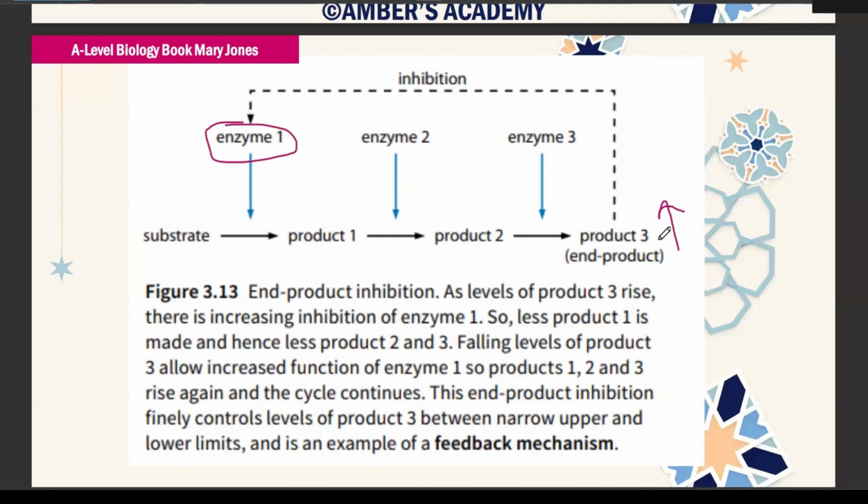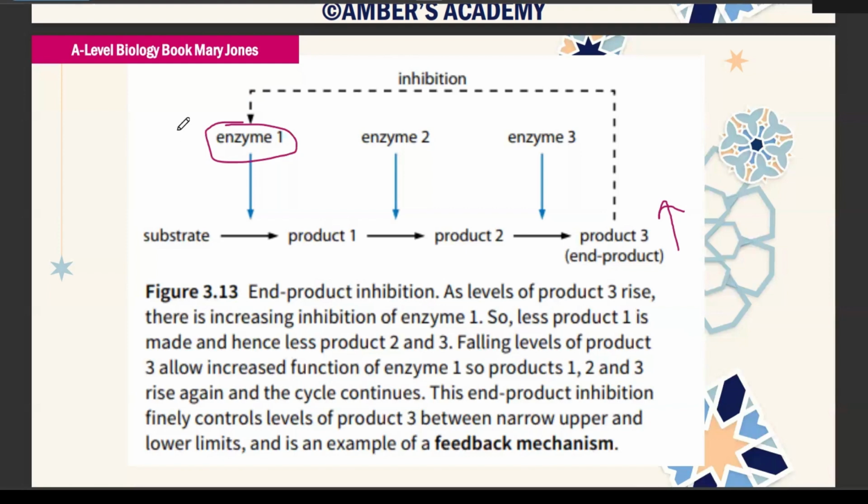So eventually the levels of products will decrease to a dangerously low level, and then the inhibition will be removed, and your enzyme 1 will increase its activity in order to produce more product 1, then more product 2, and then more product 3. And if it increases to a dangerously high level, then inhibition will take place again on enzyme 1.